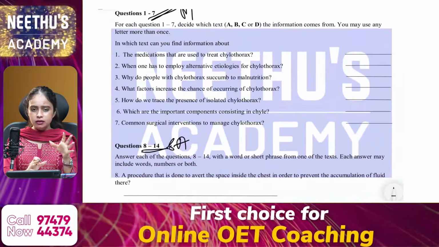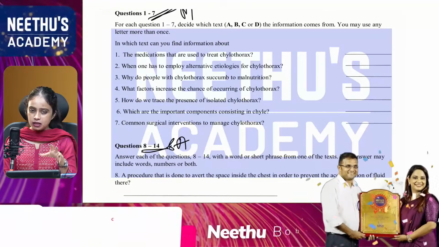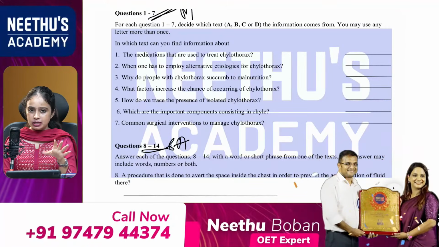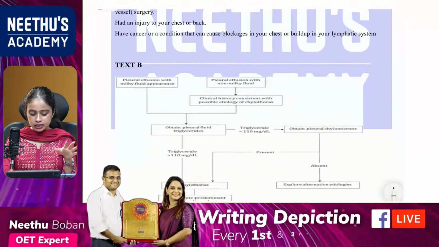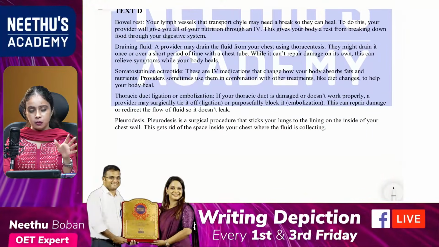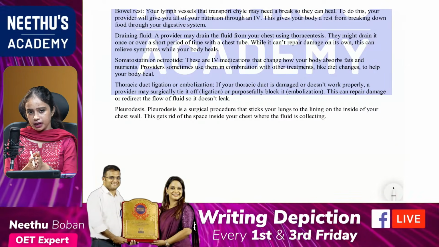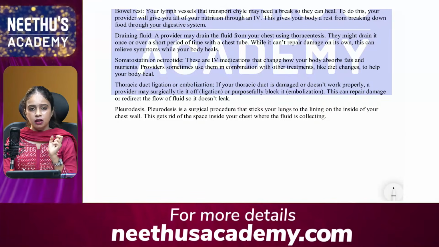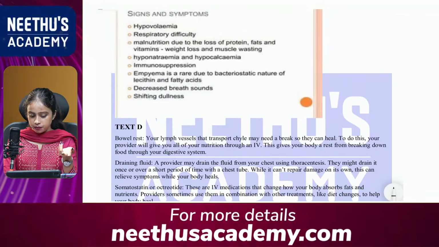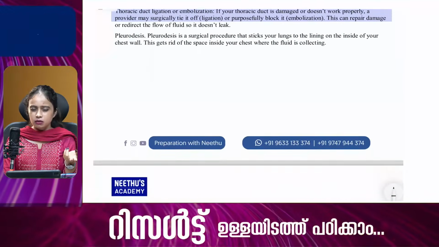It's all about locating your answers from the given four texts: text A, text B, text C, and text D. Each text will be different from the others, and one of them will be pictorial, maybe a diagram or a table.